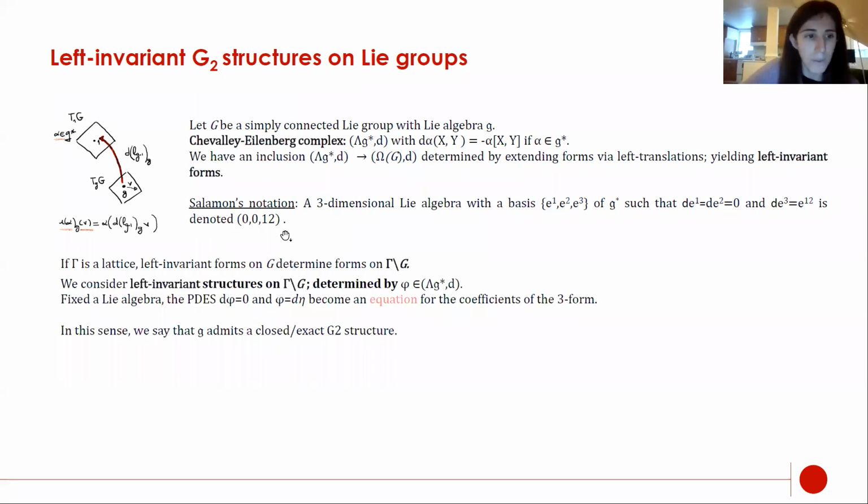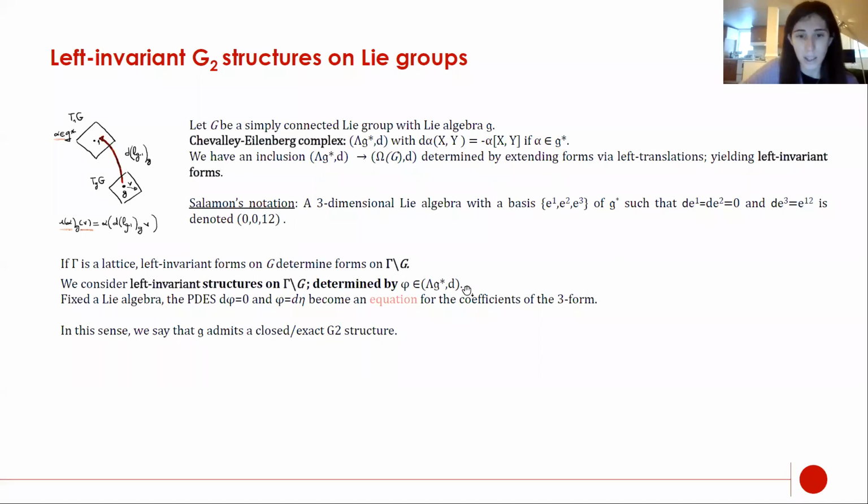And of course, if we have a lattice gamma that is a discrete subgroup such that the quotient is compact, then left invariant forms on the group determine forms on the quotient. And what we're going to consider are left invariant structures on this compact quotient. And these are going to be determined by a form on the Chevalley-Eilenberg complex.